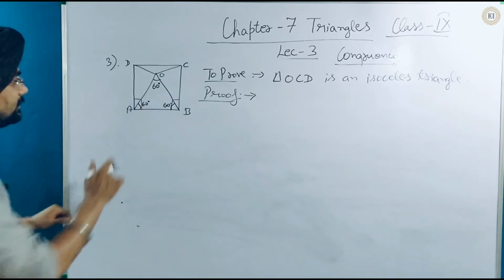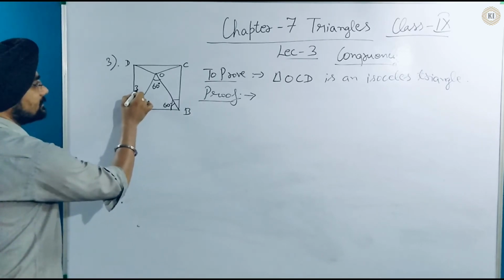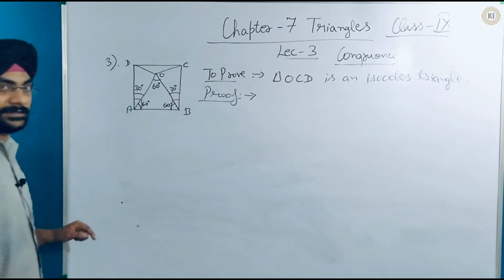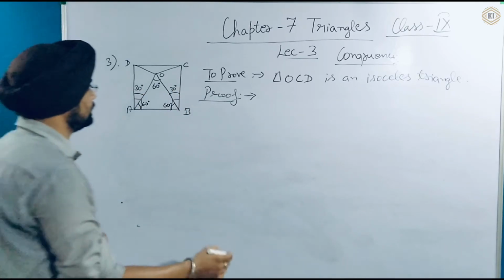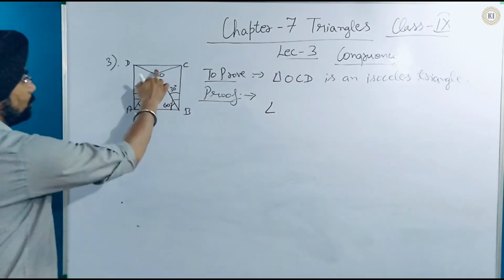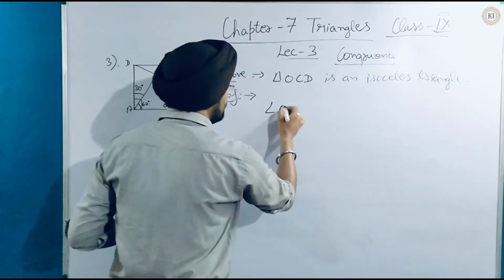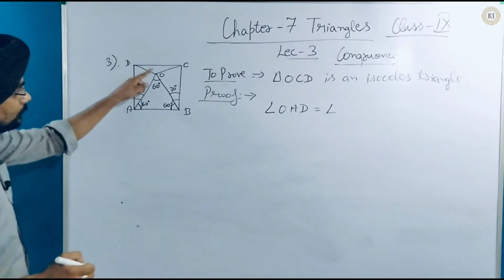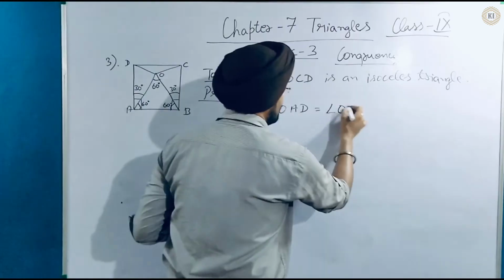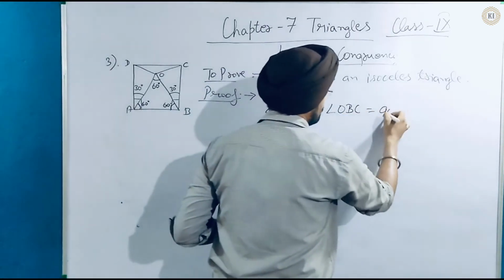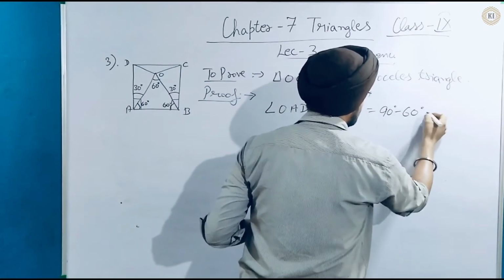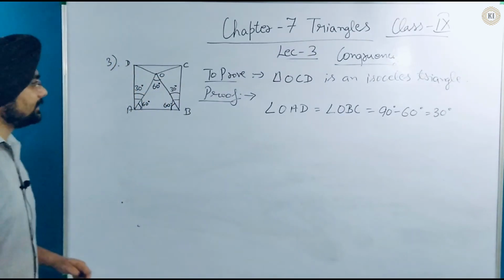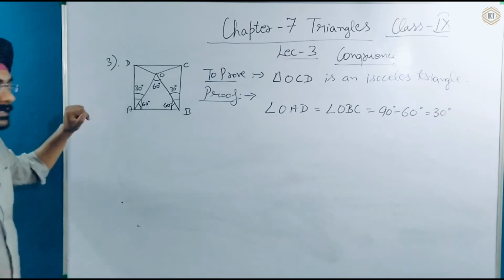This angle is 60, so the rest is 90 minus 60, that will be 30 degrees. So here we can write angle OAD is equal to angle OBC. Angle OBC will be equal to 90 minus 60, that will be 30 degrees. So both the angles are equal and their value is 30 degrees.